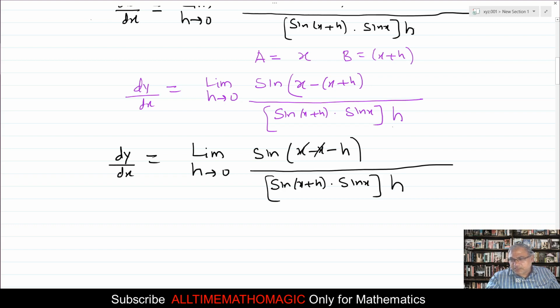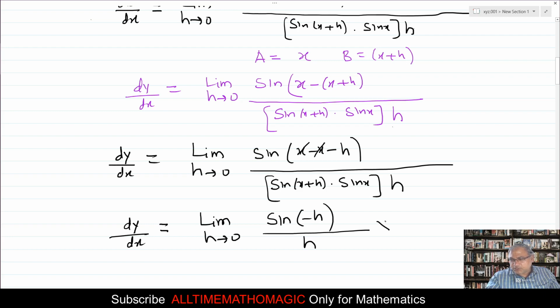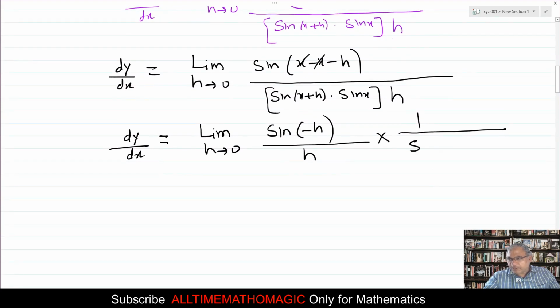Here x cuts down, so dy by dx equals limit h tending to 0 of sin of minus h upon h into 1 upon sin of x plus h into sin x.